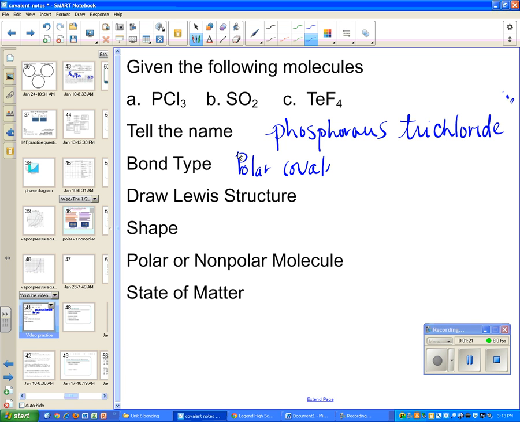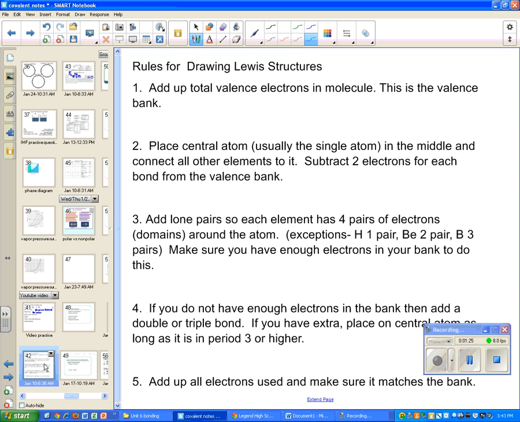Then really the hard part is to draw the Lewis structure. There are a set of steps that we can go through. If we have our PCl3, the first step is to solve for the total valence electrons for the molecule.